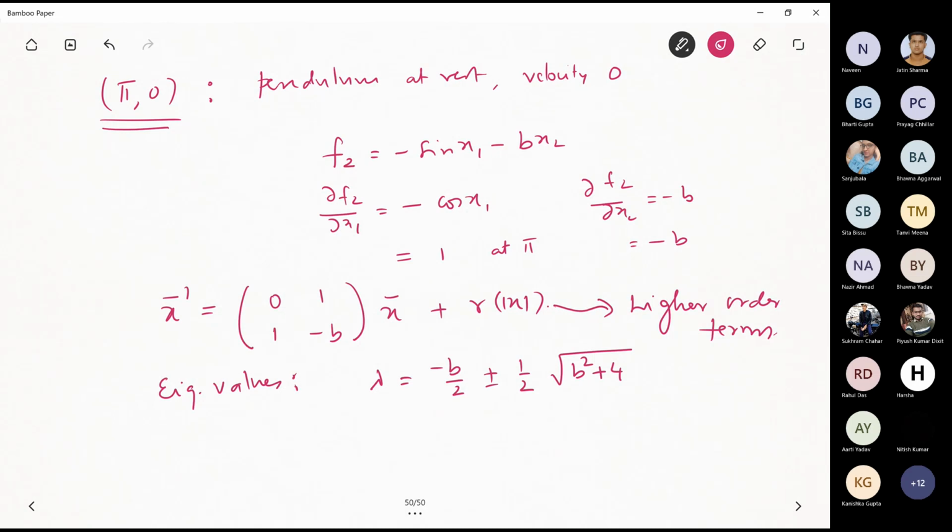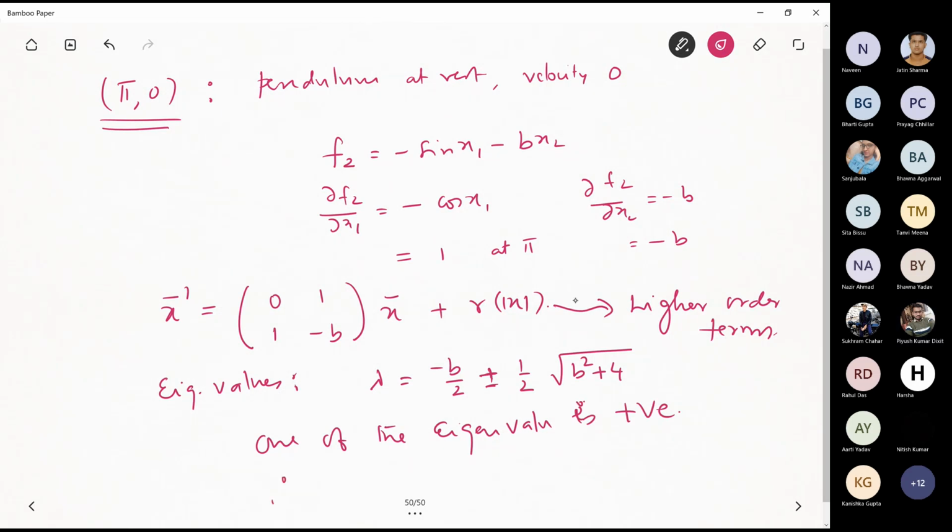Now you see that in all the cases b square plus 4 is always going to be greater than b. Therefore, at least one of the eigenvalues, coming from the plus, is going to have a positive real part. One of the eigenvalues is positive.